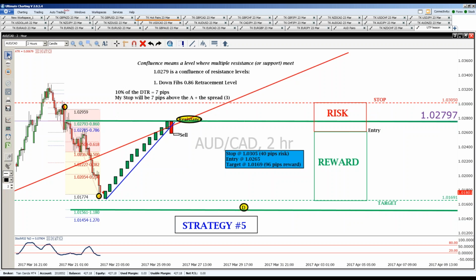I've been waiting for a sell on the Aussie Canadian for well over 2 weeks now. Andrew says, how about I split my trade 3 ways and come in at the FIB 618, 786, and the 86? Yes. Then you'd be following what we teach in the power FIBs. No problem there, Andrew. No problem.